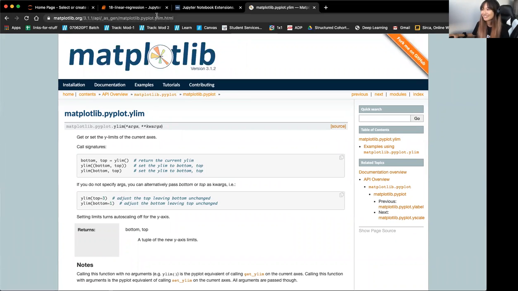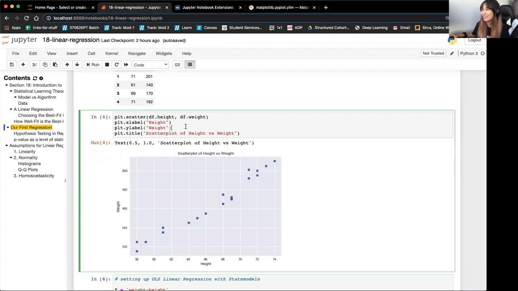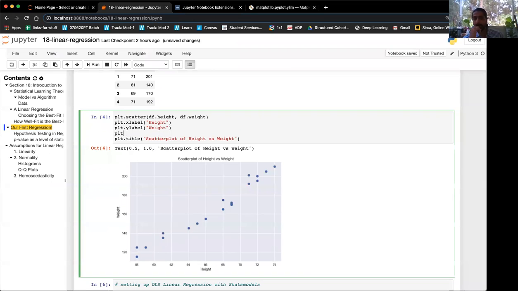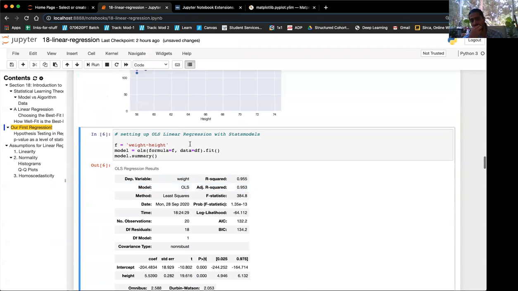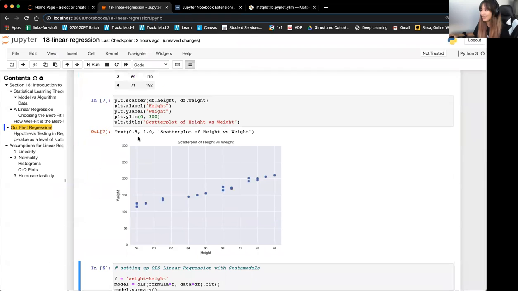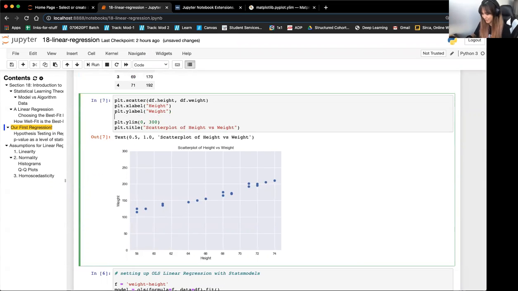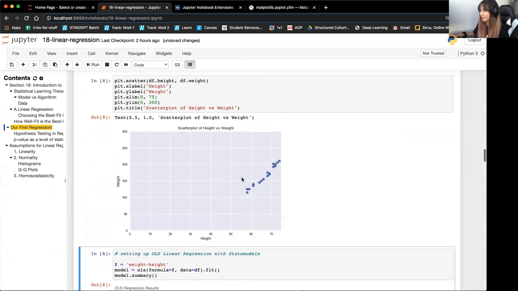No, okay. Let's see if I know how to do this. This is how you do it, 0 and 200. There we go. And if I do the X limit 0 to 75, all right, with everything at 0, this is what our points look like.